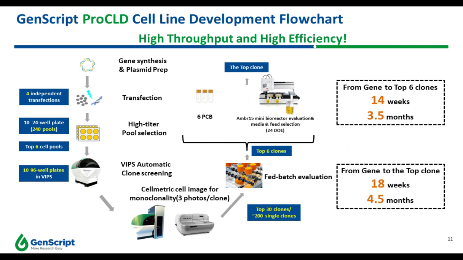It produces 6 top clones. From there, you choose your final top clone to prepare your cell bank, master cell bank, and future working cell bank. From gene to top 6 clones takes 14 weeks, about 3.5 months, and from gene to top clone takes an additional 4 weeks, so it's 18 weeks, or 4.5 months.